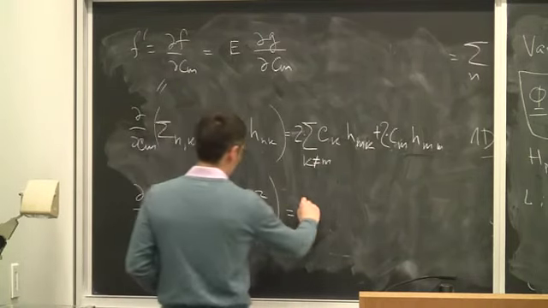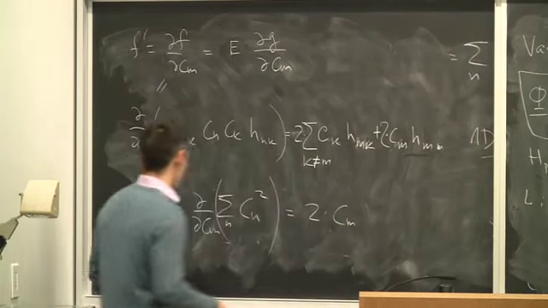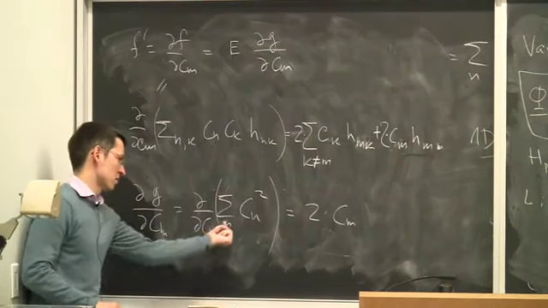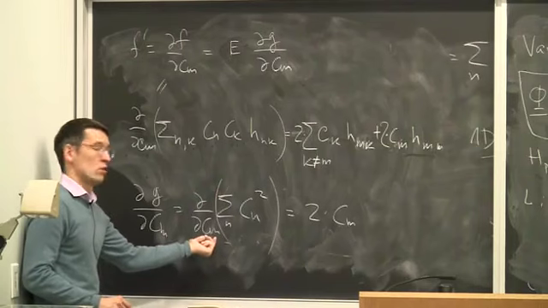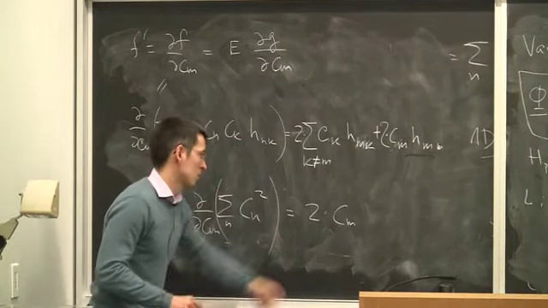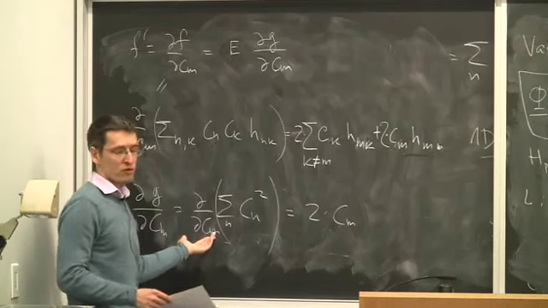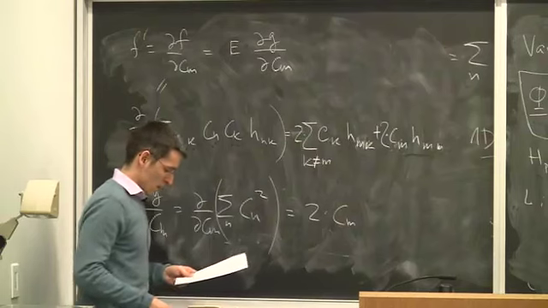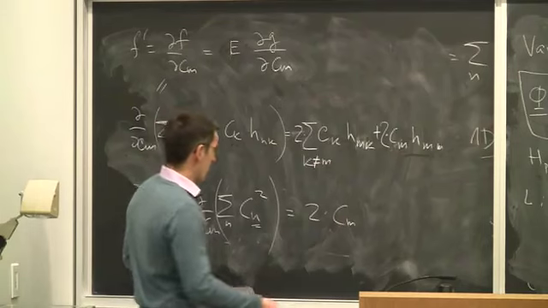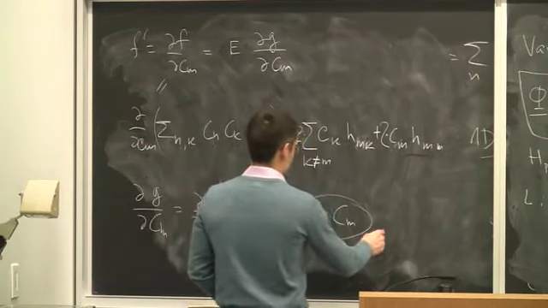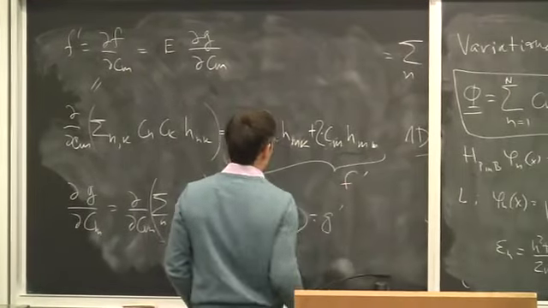So what we have here is 2cm, because only one index is running, and whenever this index is equal to m, that's the only term that gives non-zero, cm squared. All other terms are considered to be constants because we differentiate with respect to cm, and their subscript is not equal to m. All right, so this is essentially g prime, and this is our f prime.